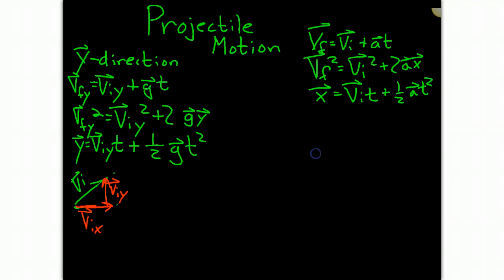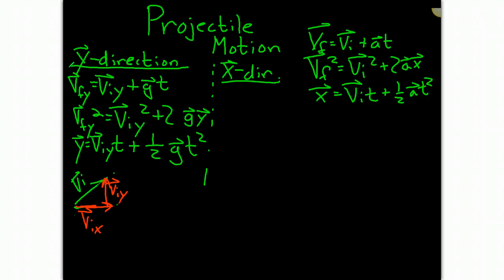Now let's take a look at the x direction. I know it seems like a lot of equations so far, but this is actually not too bad. It's everything that we've already done. Now if you remember, in part 1 I said that the acceleration is actually 0.